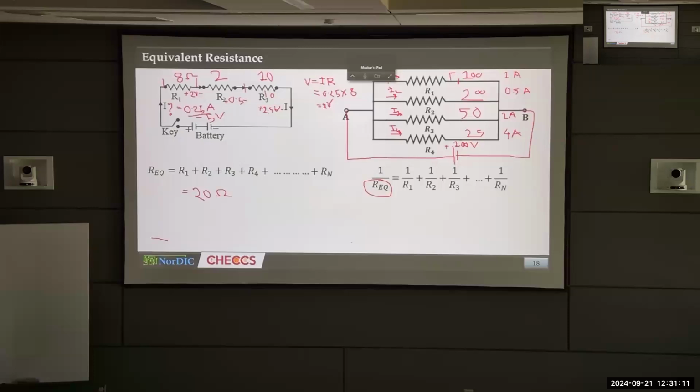If you cut the wire like these two and make it open, how much would be the current? If I open the circuit, no current will go through. It's voltage divided by infinite value, it's 0. I open it, there's no flow. It's open, no flow. So in this case, we say the circuit is open.